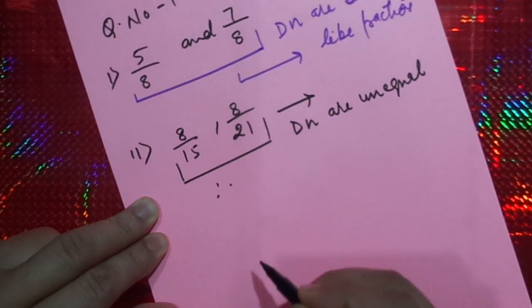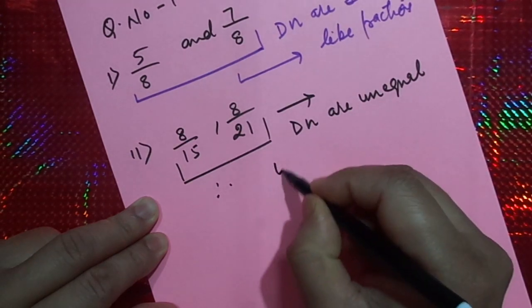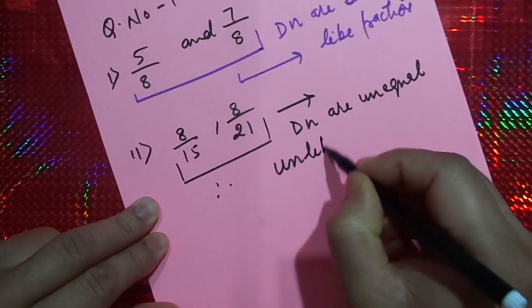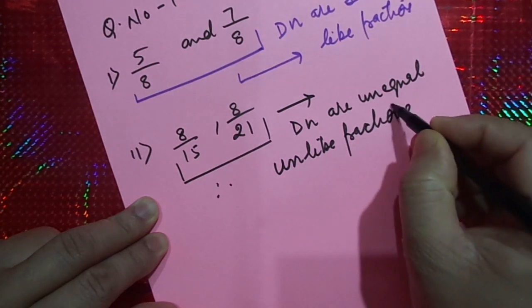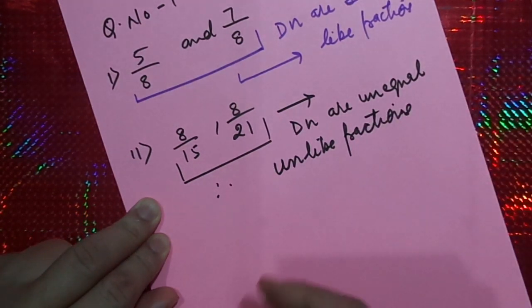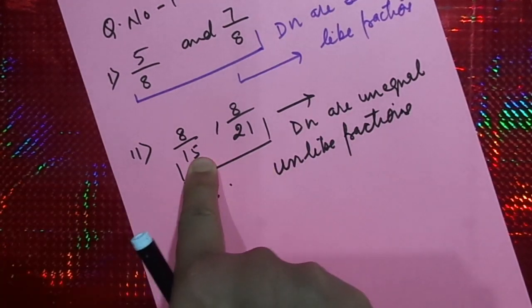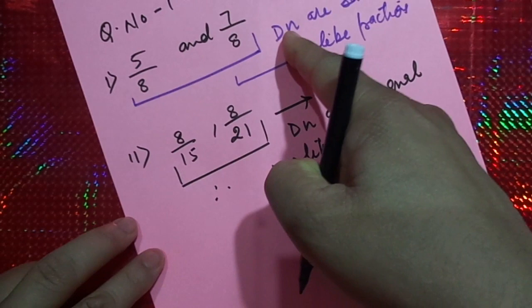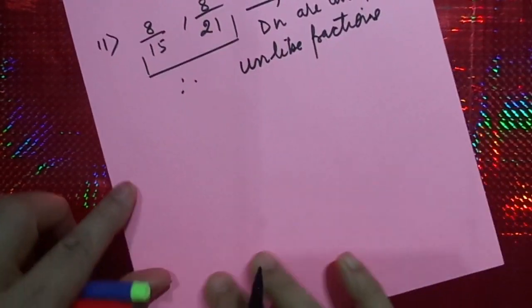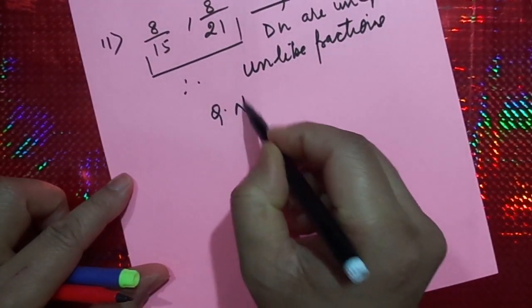Therefore, we say that they are unlike fractions. Okay. So later on, if you want to change these unlike fractions into like fractions, you have to make their denominators same or denominators equal, isn't it?